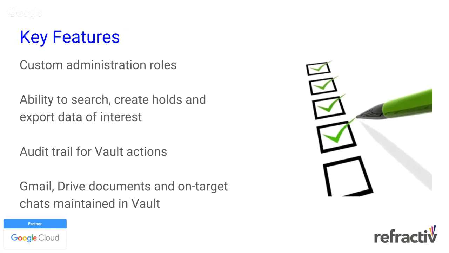And this records all Vault activities that are undertaken, including all searches, all archives, all export of data, etc. And this ensures that all actions are visible to privileged members of the team. And it also helps prevent unwarranted investigations occurring by individuals with administration rights. And we'll look at some of this as we go through the demonstration.